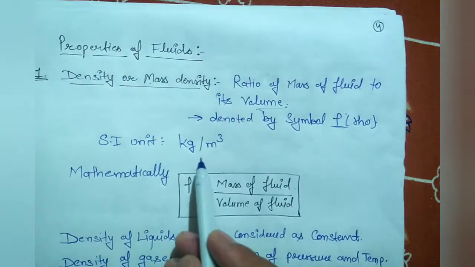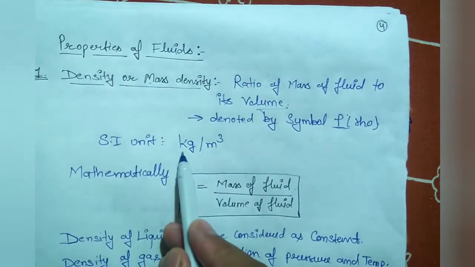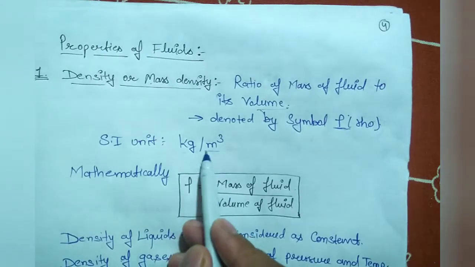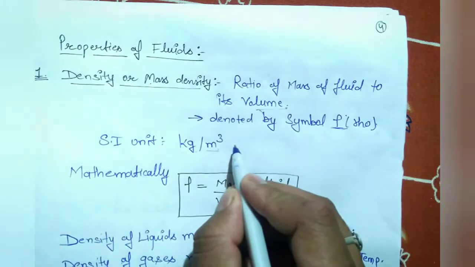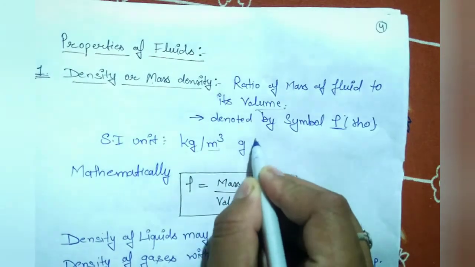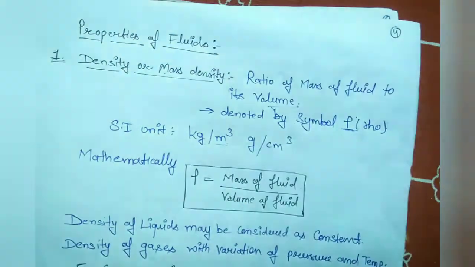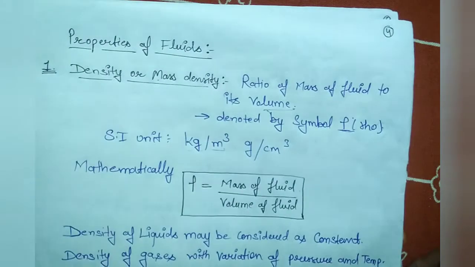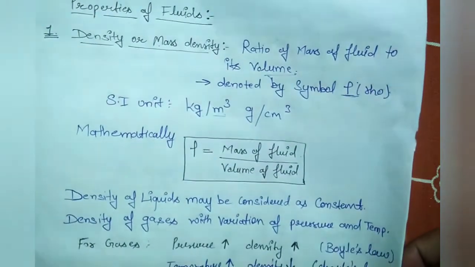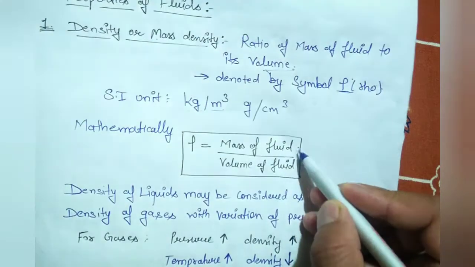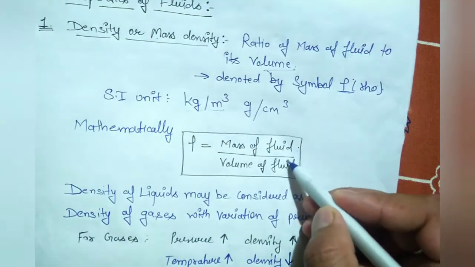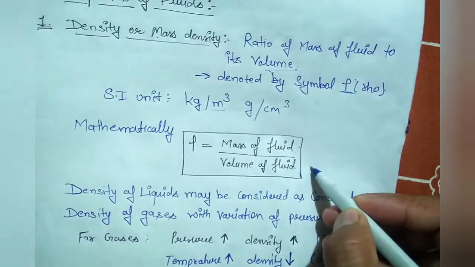What is the SI unit of density? It is kilogram per meter cube. In CGS it will be gram per centimeter cube. Mathematically, rho is the mass of the fluid divided by the volume of the fluid.